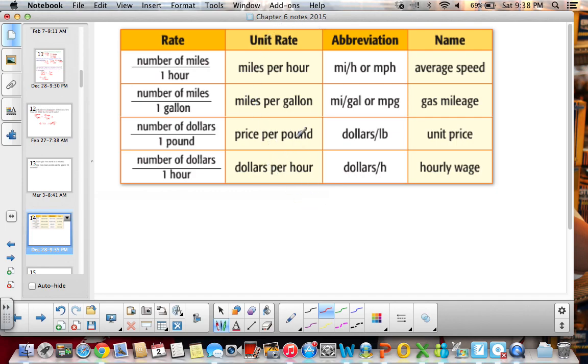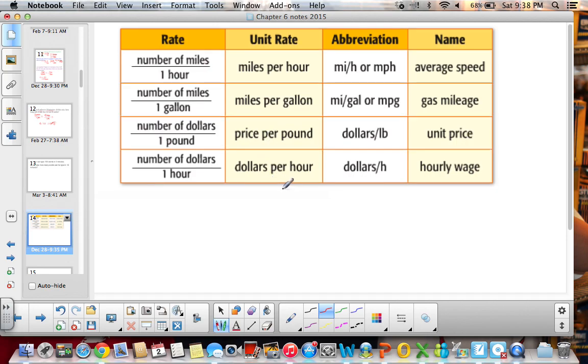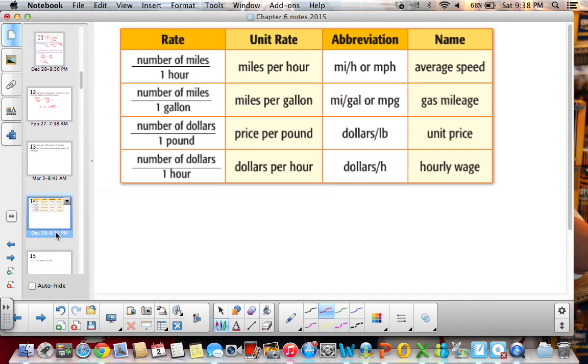So it's really important that you understand these and you know the rate, the unit rate, the abbreviation, and the name. Miles per hour, miles per gallon, price per pound, and dollars per hour. The 4 most common rates that you'll use in the real world. And now that I've talked, you probably are already halfway done writing down the table. So get that written down.